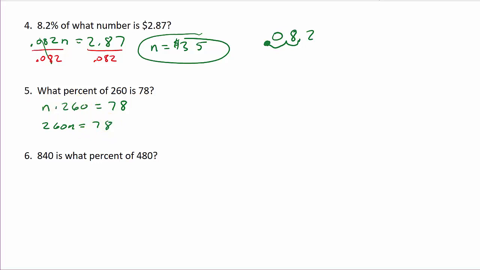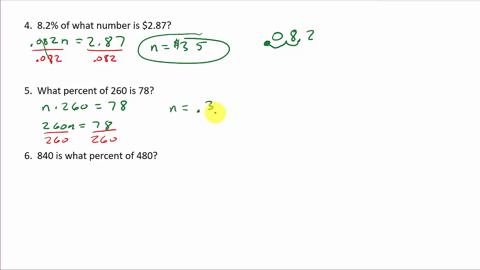And now all we have to do is solve this for n. So I'm going to divide both sides by 260. And so that's going to give me n is equal to 78 divided by 260. And that comes out to 0.3, and they want a percent.